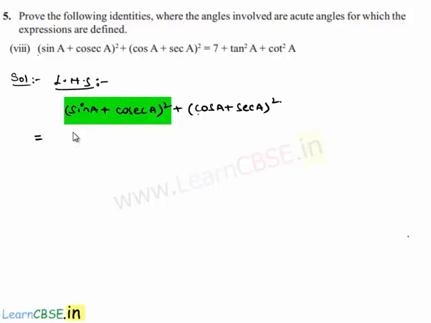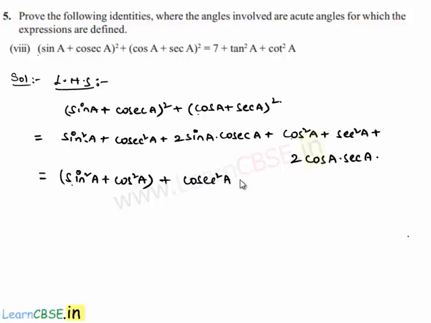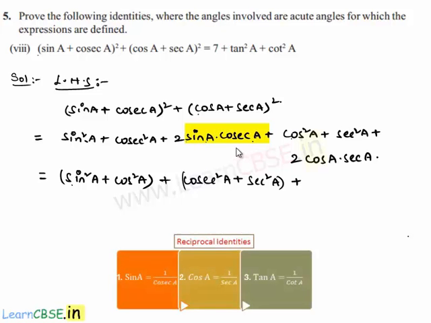Then we get sine square A plus cosecant square A plus 2 sin A into cosecant A. Here this can be written as cos square A plus secant square A plus 2 times cos A into secant A. That is equal to, let us write sin square A and cos square A together, plus cosecant square A plus secant square A together, plus 2, as sin A into cosecant A is 1, plus similarly 2, as cos A into secant A is nothing but 1.